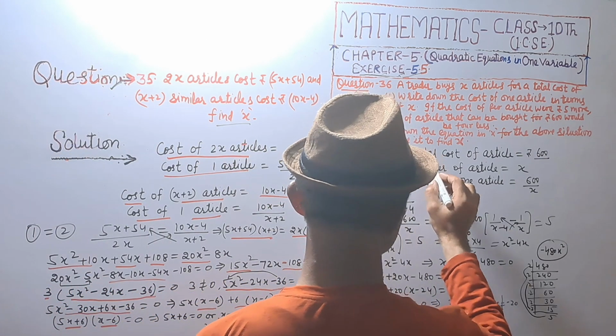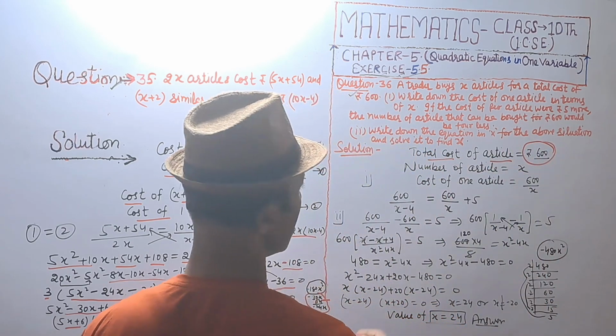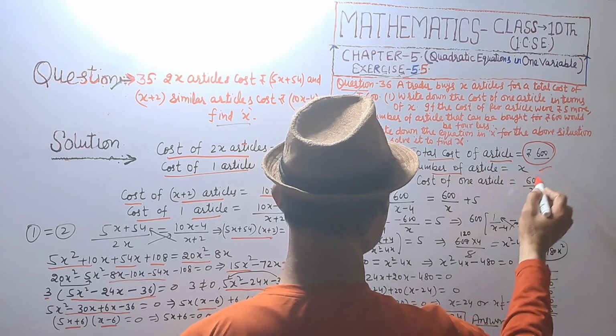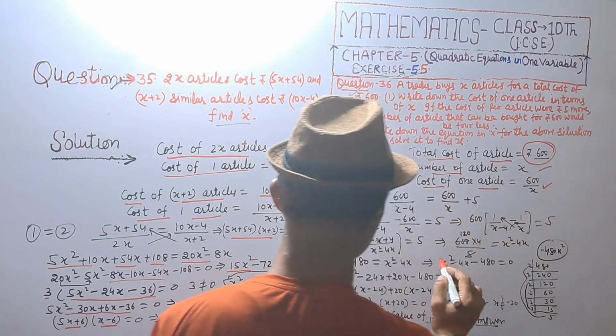Question 36: total cost of articles is equal to rupees 600. Number of articles is x. Cost of one article is 600 upon x.